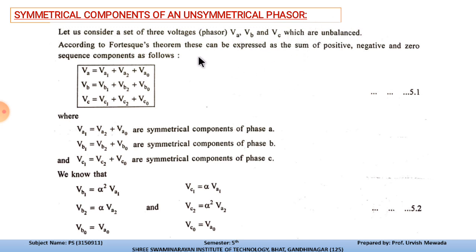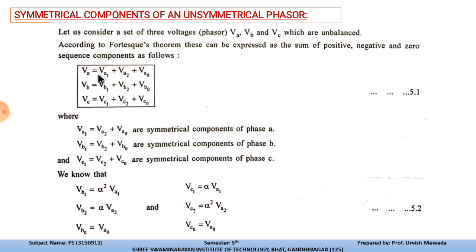According to Fortescue's theorem, applied for the positive, negative, and zero sequence components, we have derived three equations, in which VA1, VB1, and VC1 are the positive sequence components, VA2, VB2, and VC2 are the negative sequence components, and VA0, VB0, and VC0 are the zero sequence components of the given system.